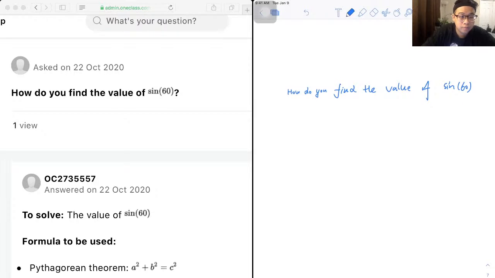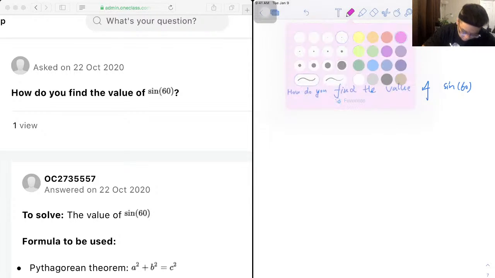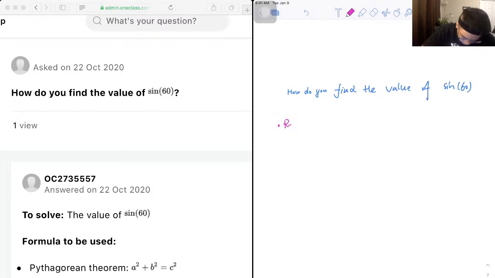All right. So first, let's recall our Pythagorean theorem, which is given by a squared plus b squared is equal to c squared.